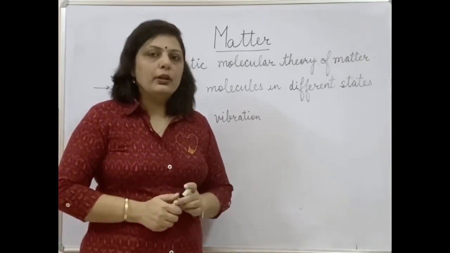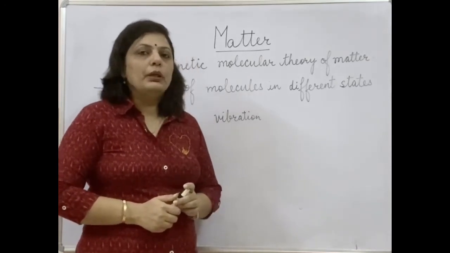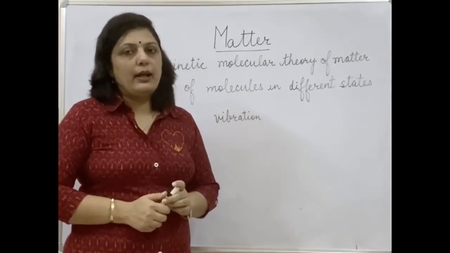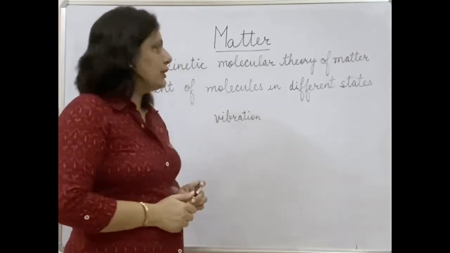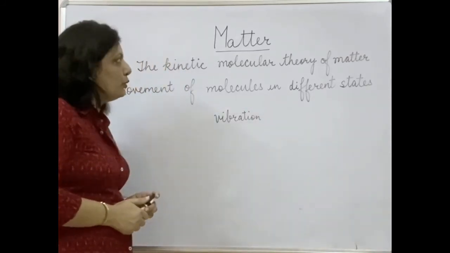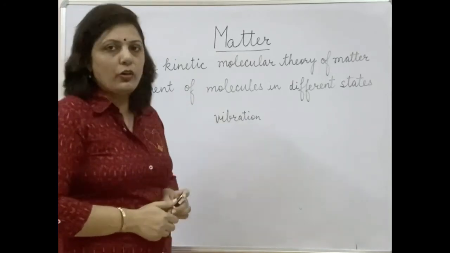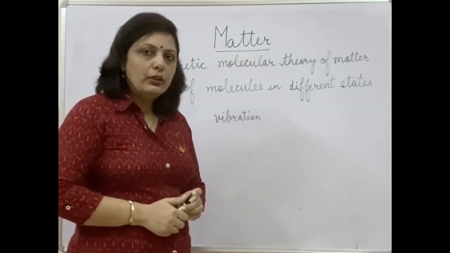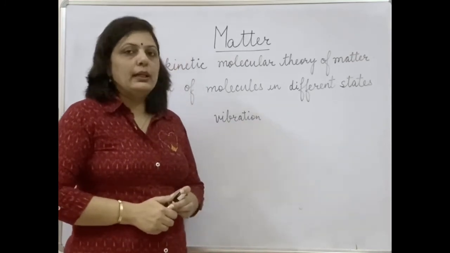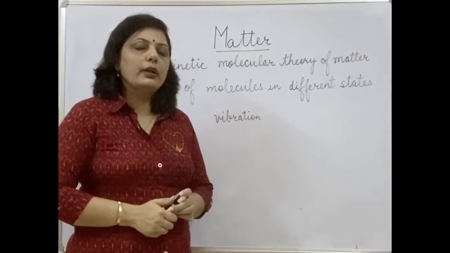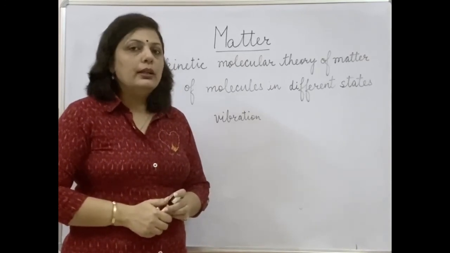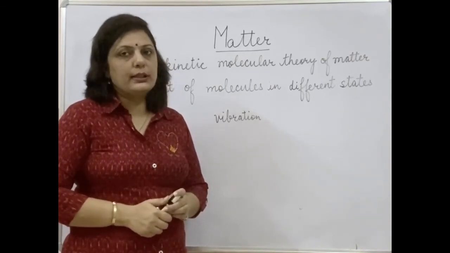So depending upon their kinetic energy, they will be moving, whether they have to move fast or they have to move slowly. So this was all about the 6 postulates of kinetic molecular theory of matter. Hope now it is clear to you what actually is the behavior of matter and how the molecules or atoms present in a matter behave in a particular state of matter.